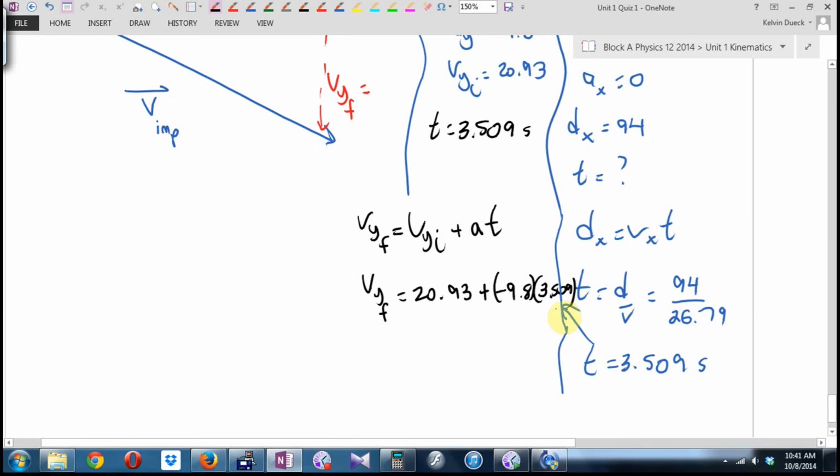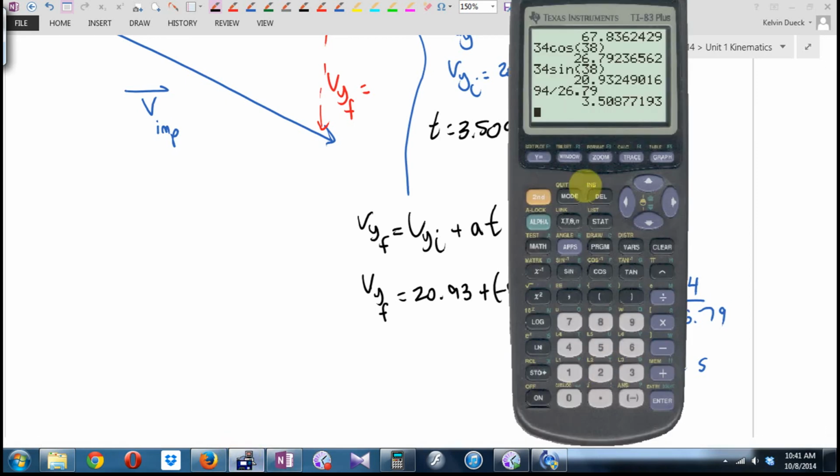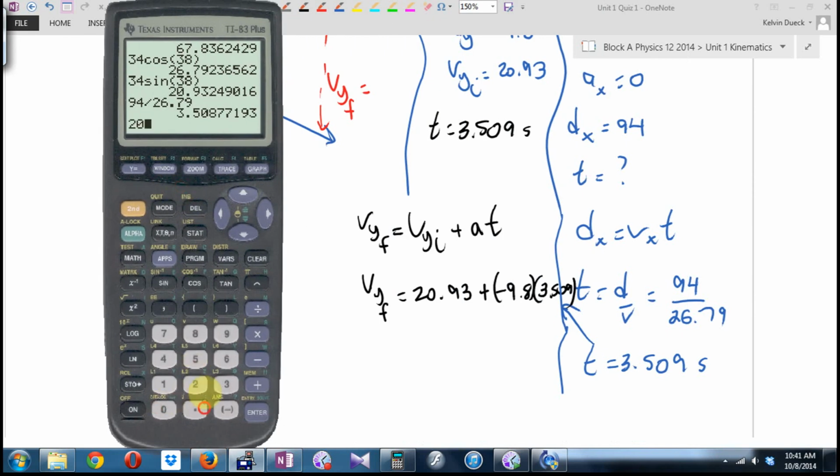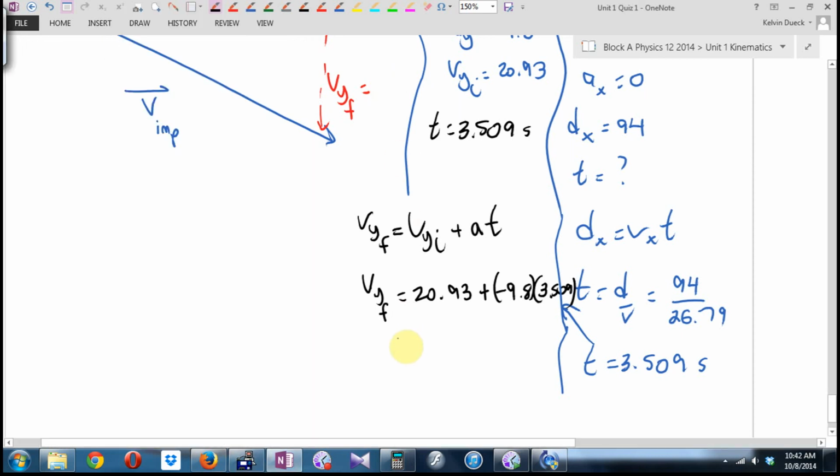Sorry, I can't fit that in there very good. 20.93 plus negative 9.8 times answer. Negative 13.46.